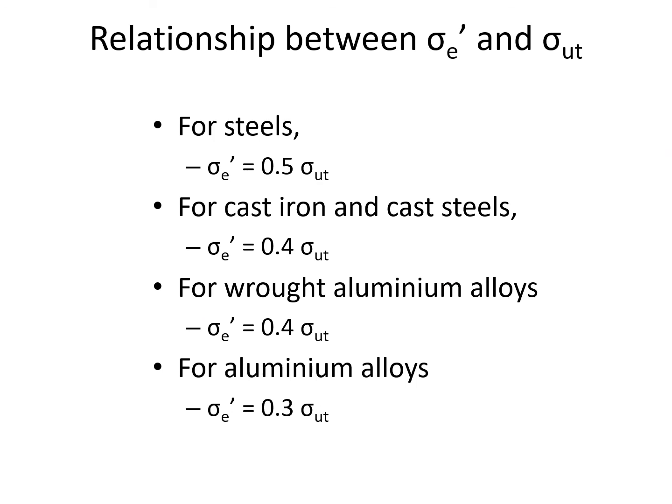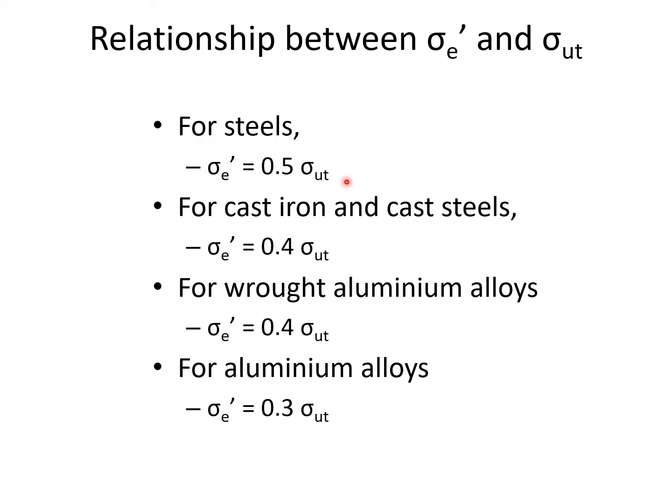Then one more term, sigma E dash, was there. This is called the modified endurance limit. How can we find it? By multiplying by some constant for a particular material, we can find the sigma E dash value. In the case of steels, our ultimate strength can be multiplied by 0.5 to get sigma E dash. This is not a derived one, this is a tested one.